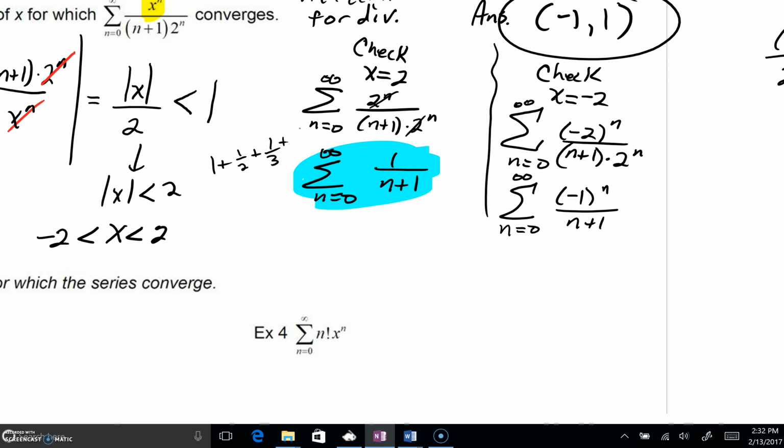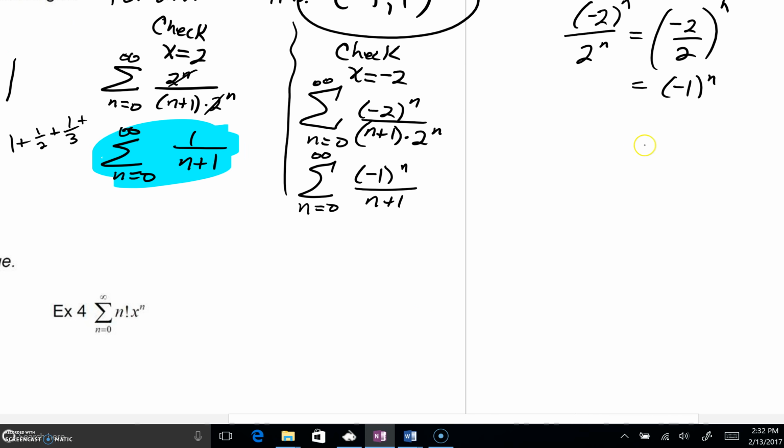Now that can really bug kids and drive them crazy. They'll say, no, it isn't. Mr. Dobner, look off to the side. The harmonic series was this. 1 over n. Yes, when it starts at 1. This one is starting at 0.